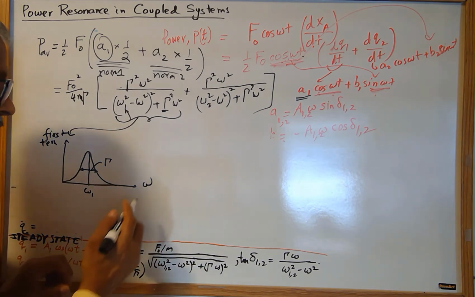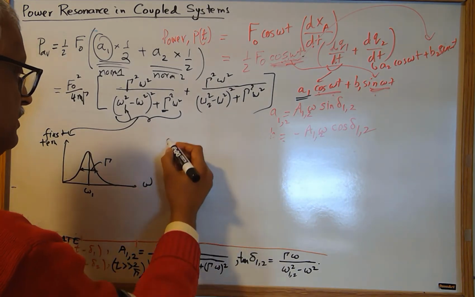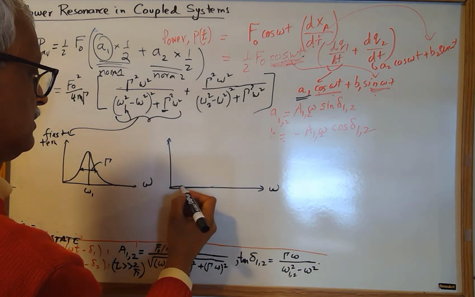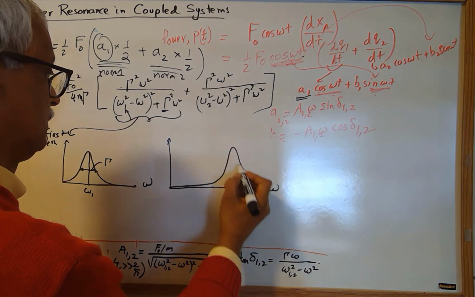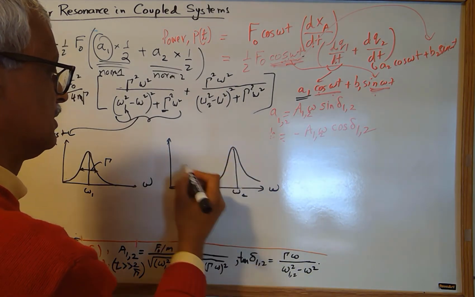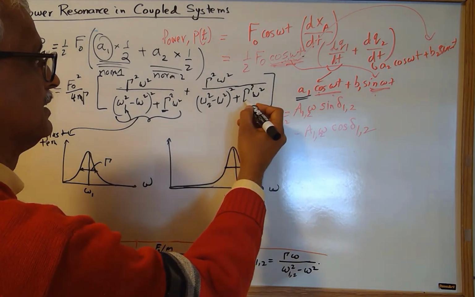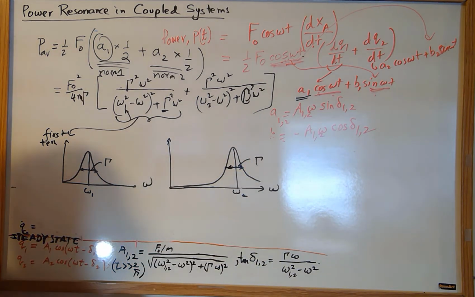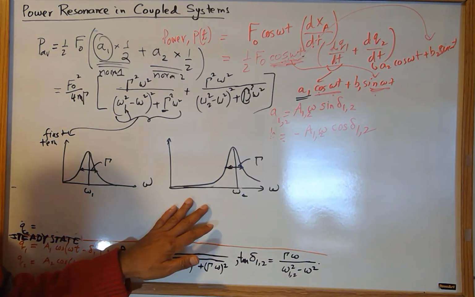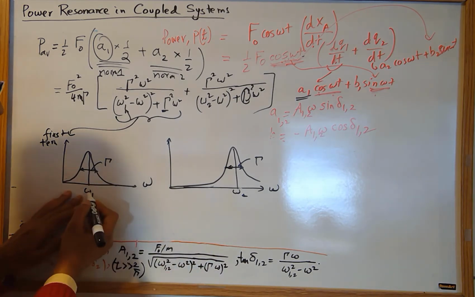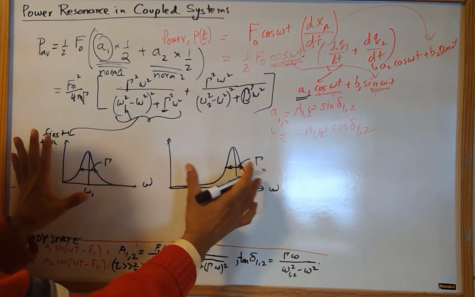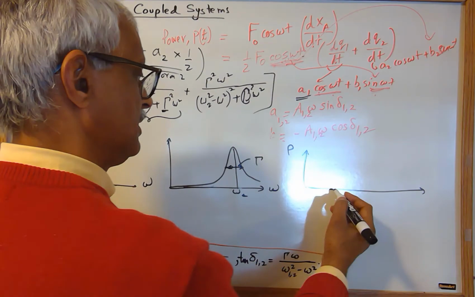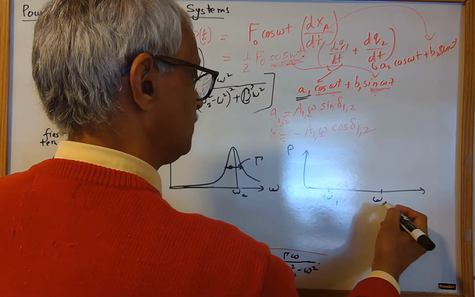And if it's the second term, this is at omega 2, and because they have the same damping, this width is also gamma. So we get peaks at two different places where the normal modes are. These are normal mode frequencies. When you put them together to plot power, this is omega 1 and this is omega 2.